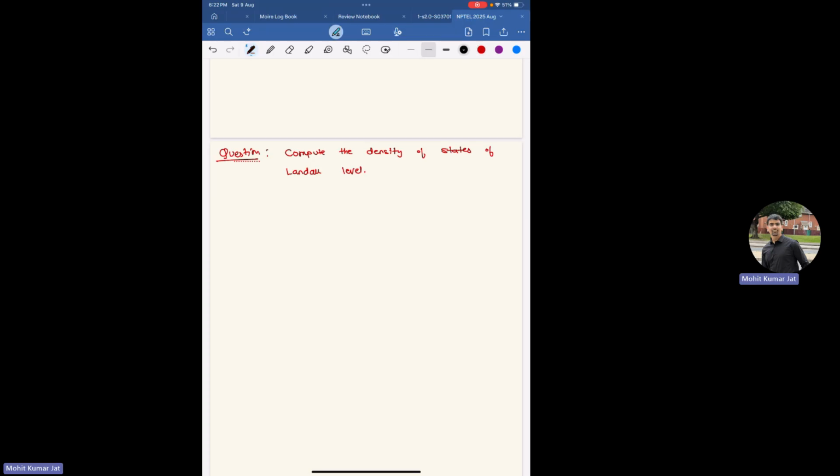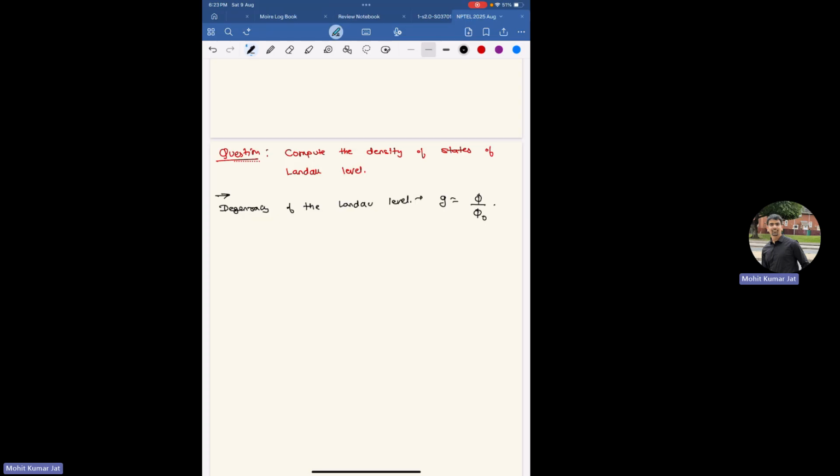So we know that each Landau level has a degeneracy, which we have discussed. How is it defined? It is essentially phi by phi naught, right? G is phi by phi naught. Phi is the flux threading through your sample, and phi naught is the flux quantum.